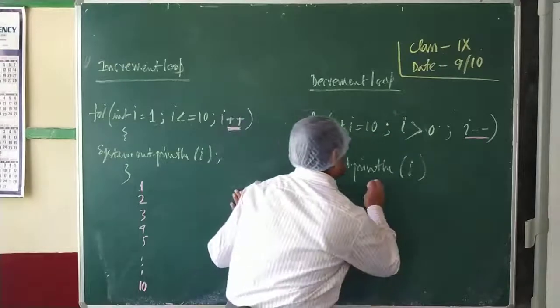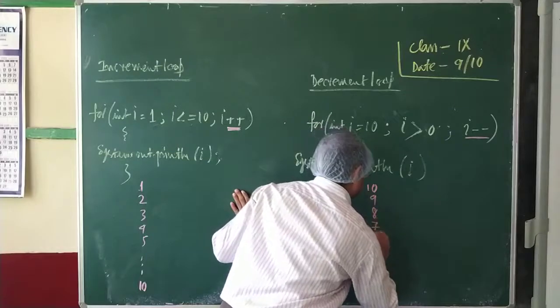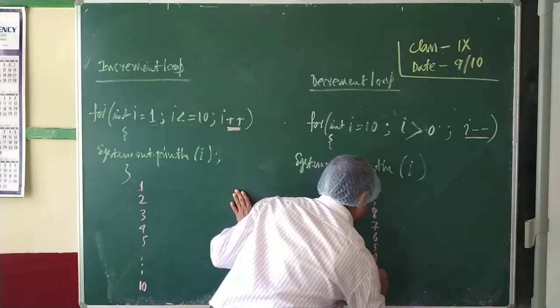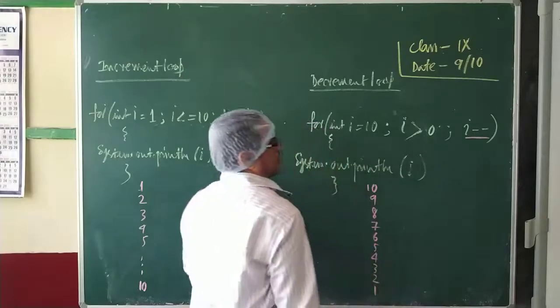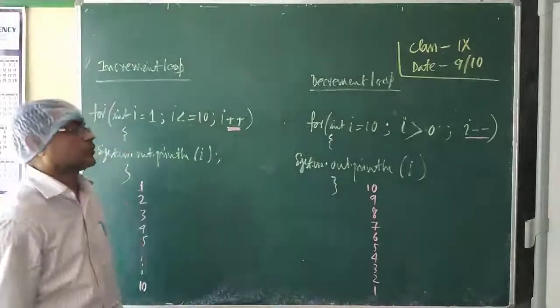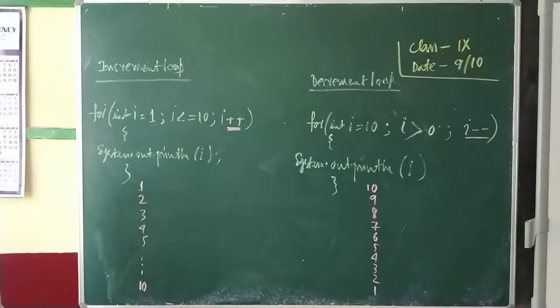So here it will print 10, then 9, 8, 7, 6, 5, 4, 3, 2, and then 1, greater than up to 0. You see it is printing in descending order. It is a different way, and according to your program and your need in the question, you have to use it. So this is called the increment loop, and that is called the decrement loop.